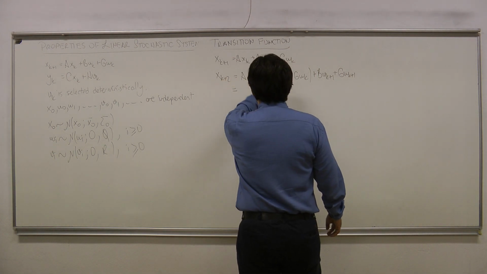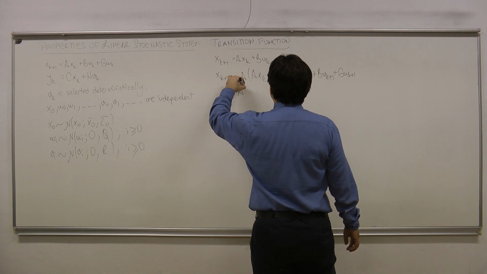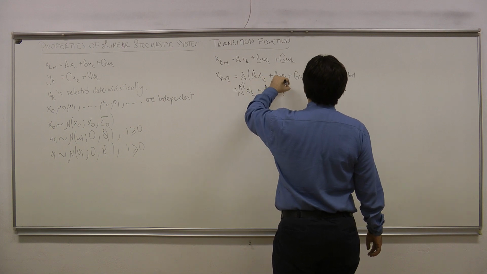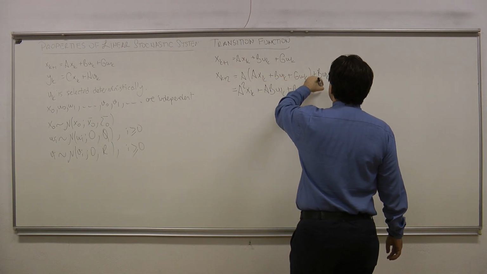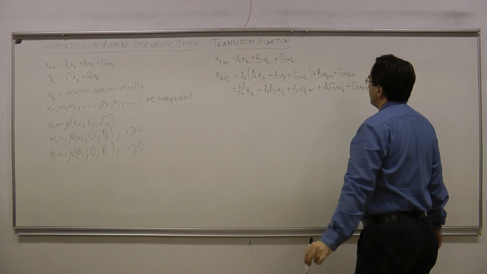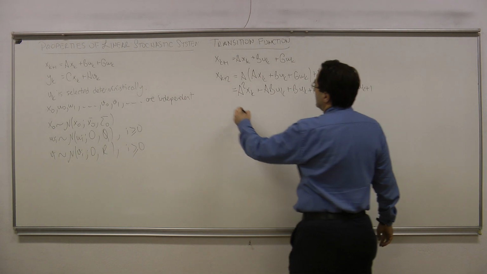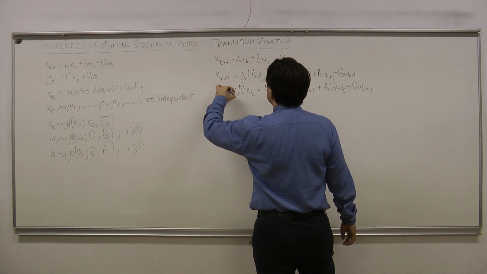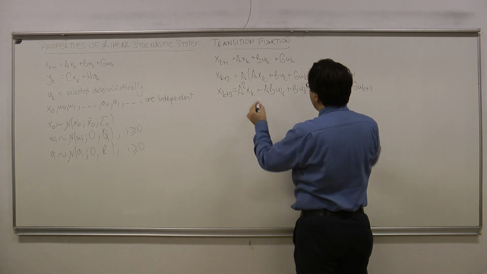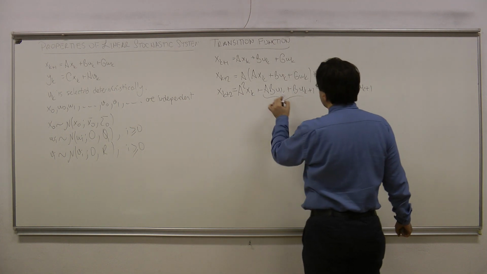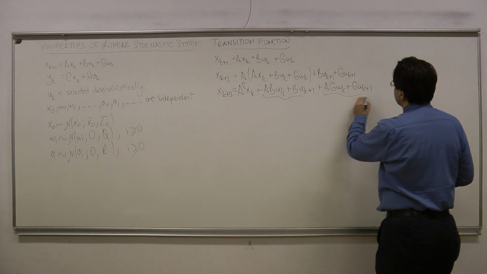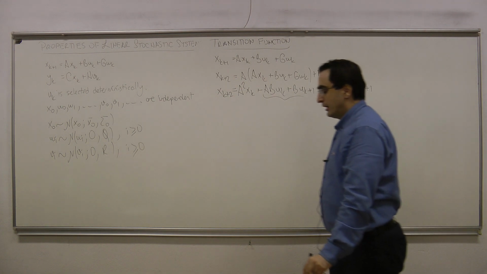If I expand this part here, I would have A squared xk plus AB uk plus B uk plus 1 plus AG wk plus G wk plus 1. So you see that here I could write xk plus 2 as A squared times xk, and I have some input terms, uk and uk plus 1, and I have the disturbance terms here, wk and wk plus 1.